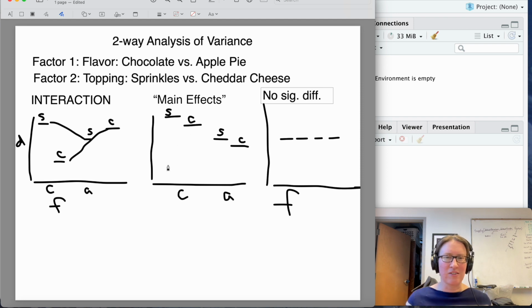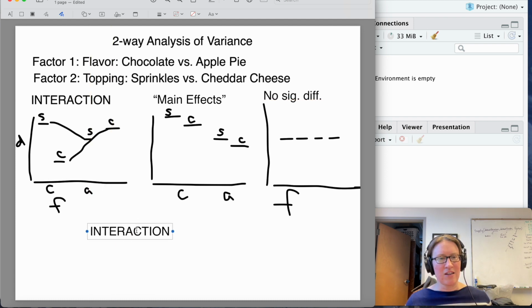But then in other cases, you may wind up wanting to go on to do some kind of post hoc analysis. So if you find a significant interaction effect or significant main effects, then you may want to go on to do a Tukey, honestly significant difference post hoc analysis as well.